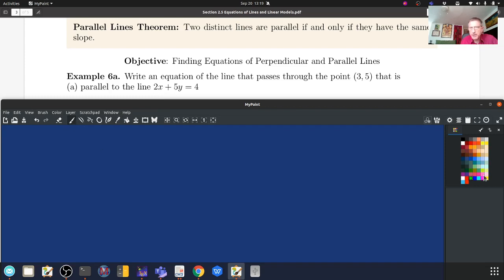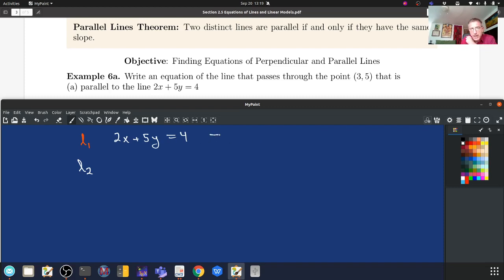So line 1 is going to be given by the equation 2x plus 5y is equal to 4. So my line 2 is going to be parallel to line 1, but it has to be different. That means one of the intercepts has to be different. And the slopes have to be the same.